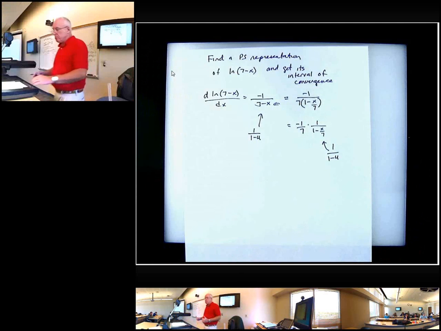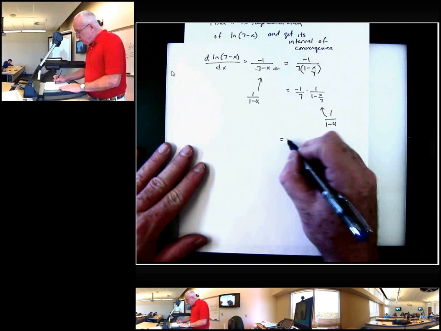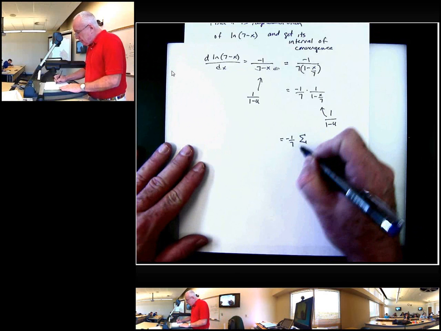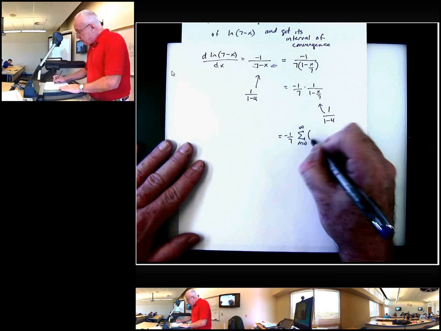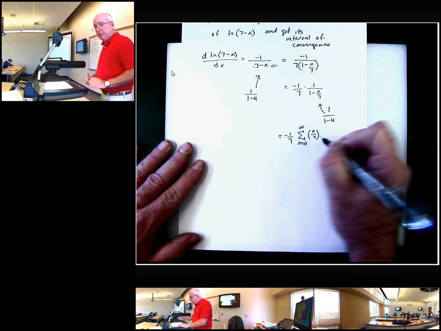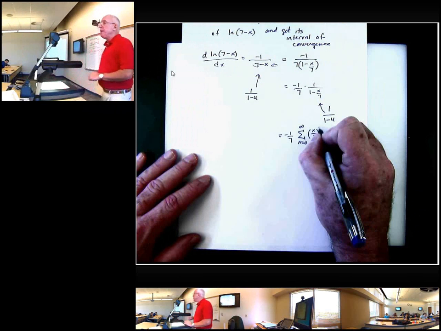Okay? So I can write this as a power series: minus 1 over 7 times the summation n equals 0 to infinity of (x over 7) raised to the n power.